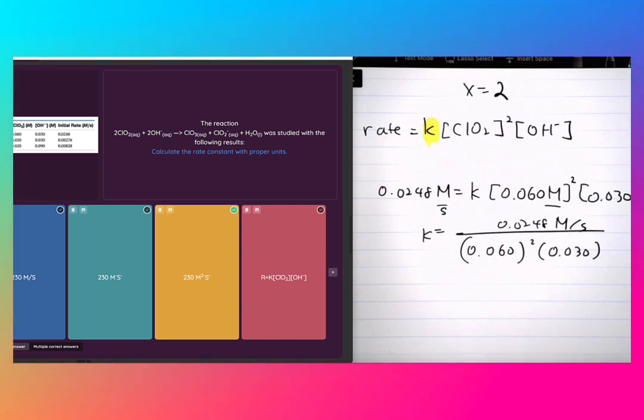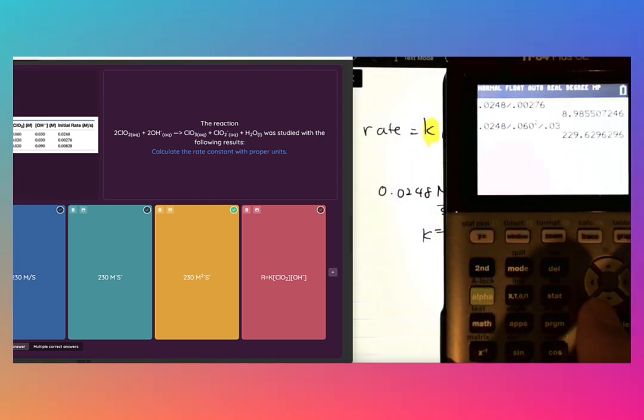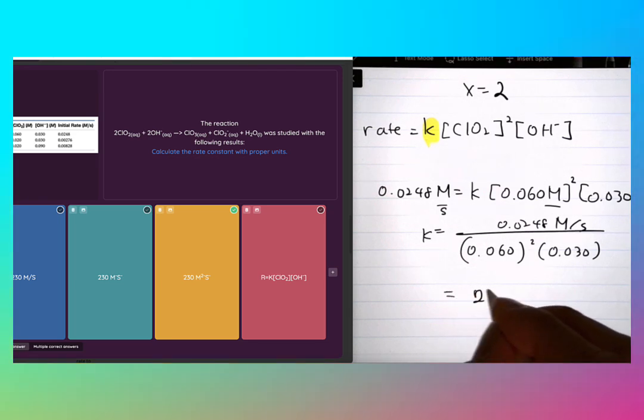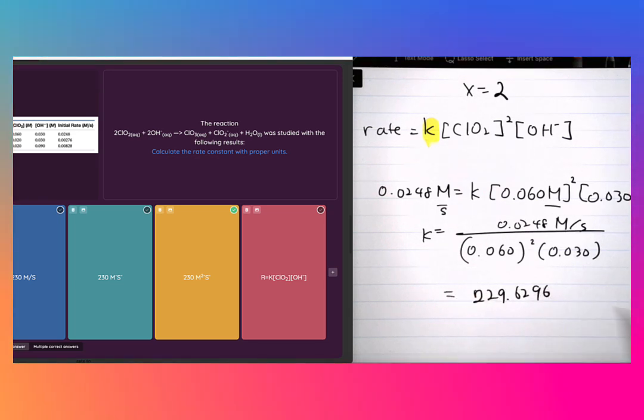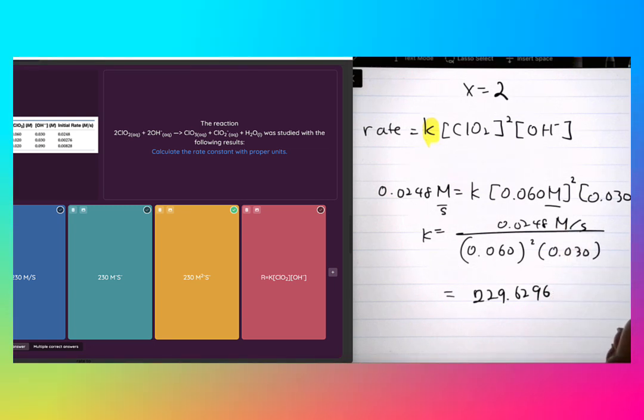Okay, so let's just put all this in the calculator. 0.0248 divided by 0.060 squared divided by 0.03. When you do that, you get 229.62. So K equals 229.6296. We have molarity on top and molarity cubed on the bottom.